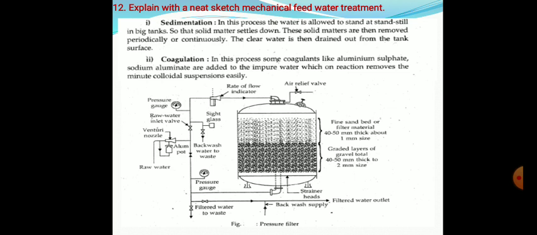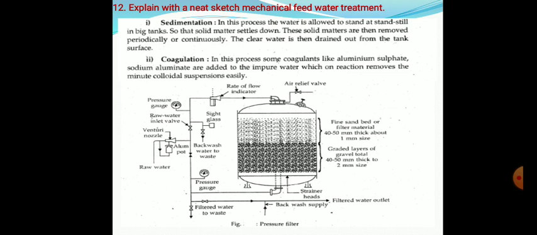Next question, explain with a neat sketch mechanical feed water treatment. So here in this treatment, the first process is sedimentation. In this process, the water is allowed to stand still in big tanks so that solid matter settles down. These solid matters are then removed periodically or continuously.